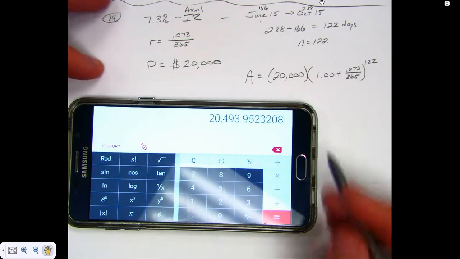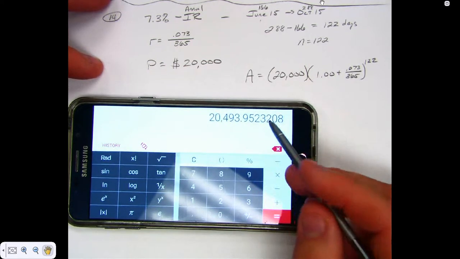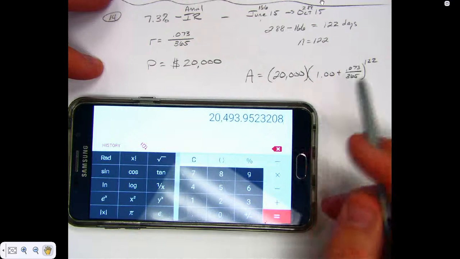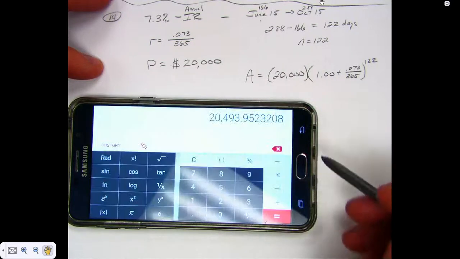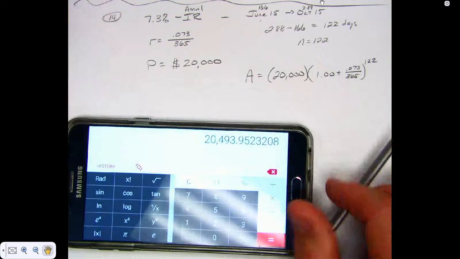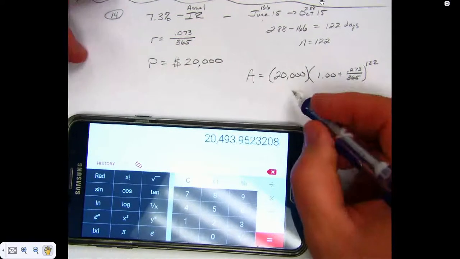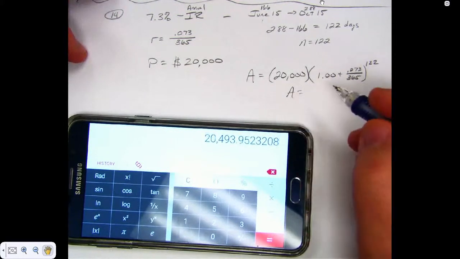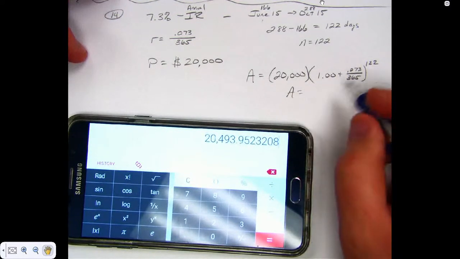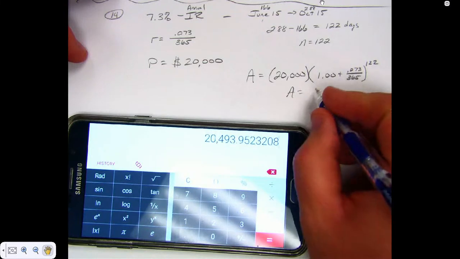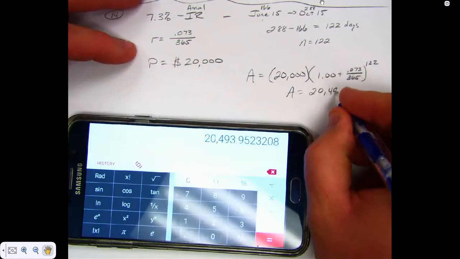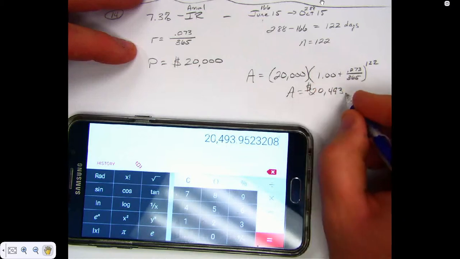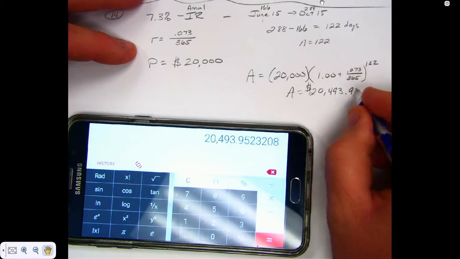As nice as it would be to just simply put it in, sometimes trying to put all of that in at once is harder. You've got to know your order of operations and where to put your parentheses. It can sometimes be pretty hard, so you're sometimes safer just pressing the equal button and either writing it down and doing it piece by piece to make sure you get it right. So what we get is $20,493.95.